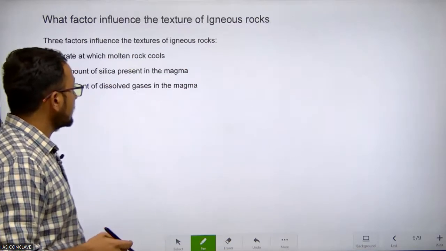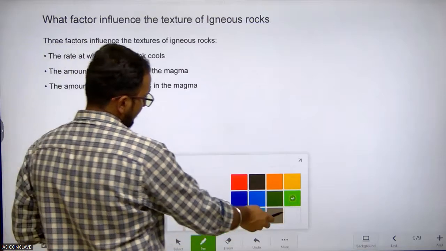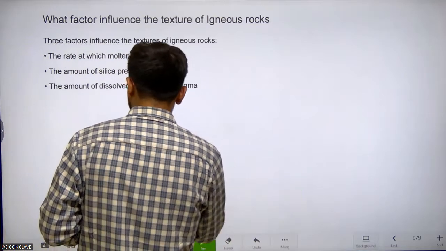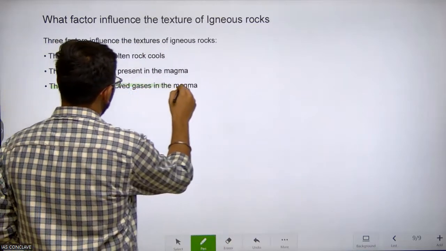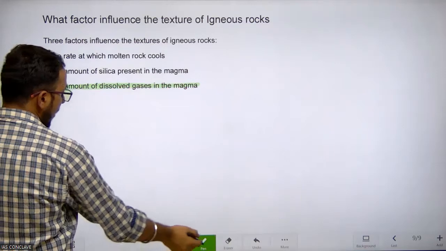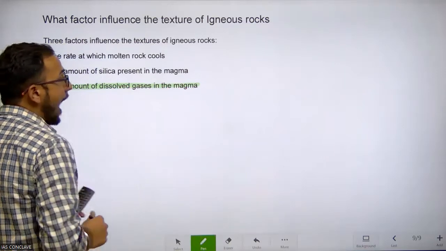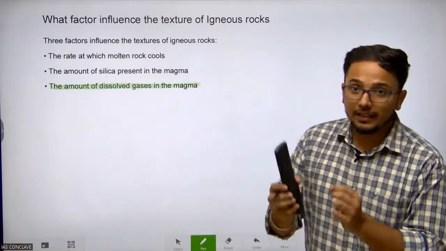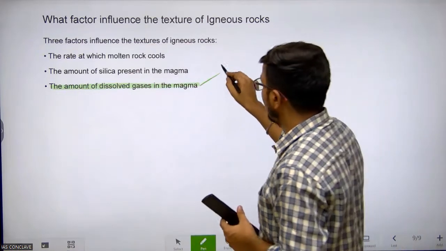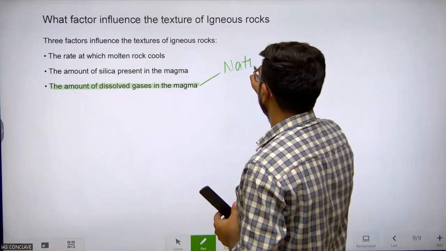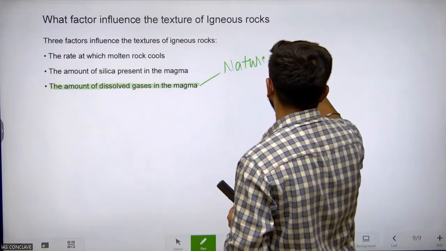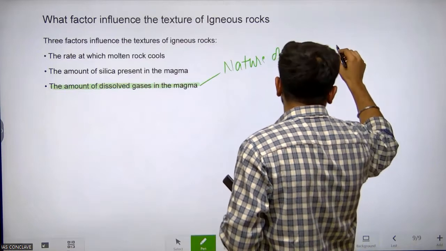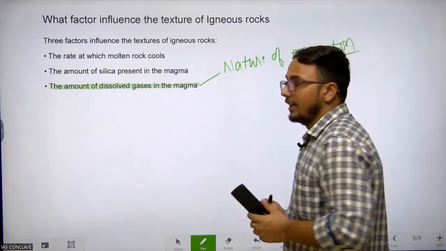Now the third one is the amount of dissolved gases. What does the amount of dissolved gases determine? It determines the nature of the eruptions.